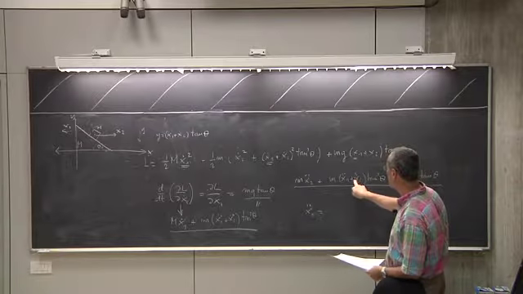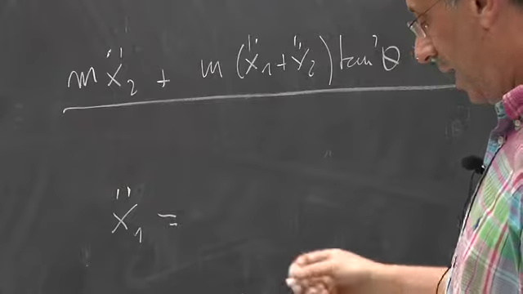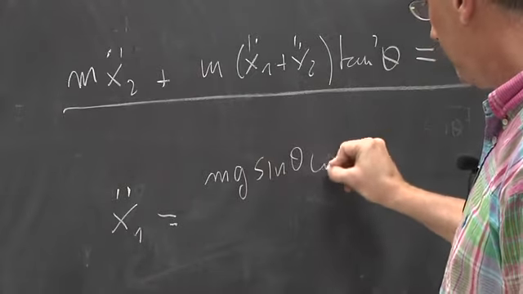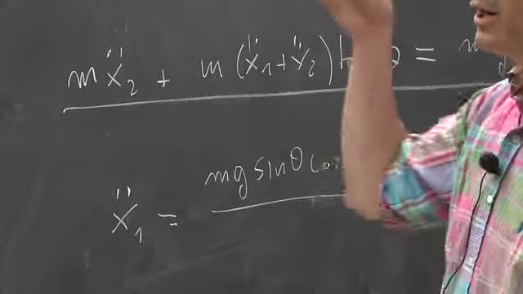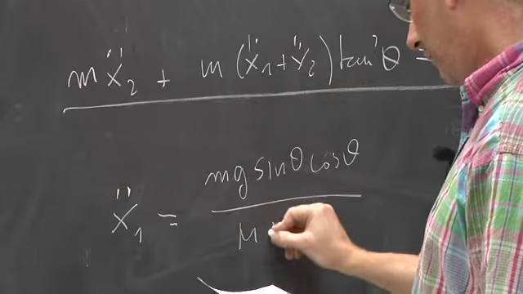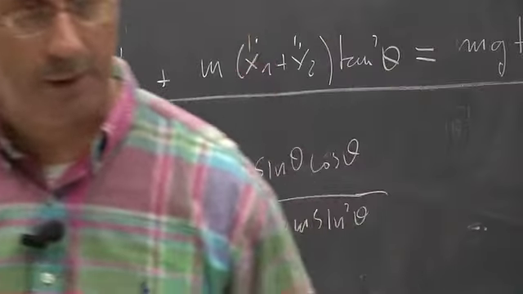Take x2 from here, right? You can solve it. And then you plug in there, and you get x1. And you get exactly what we wrote before. That is, the acceleration of this block going in that direction is given by this quantity.